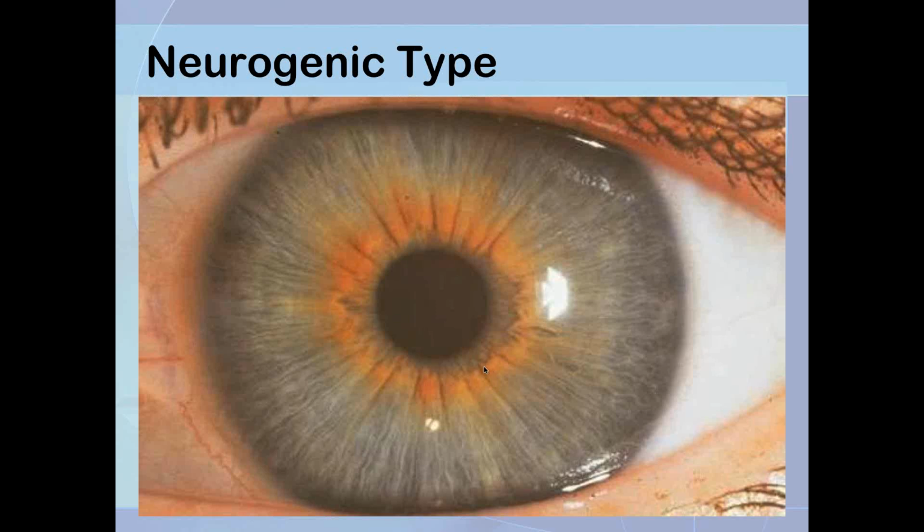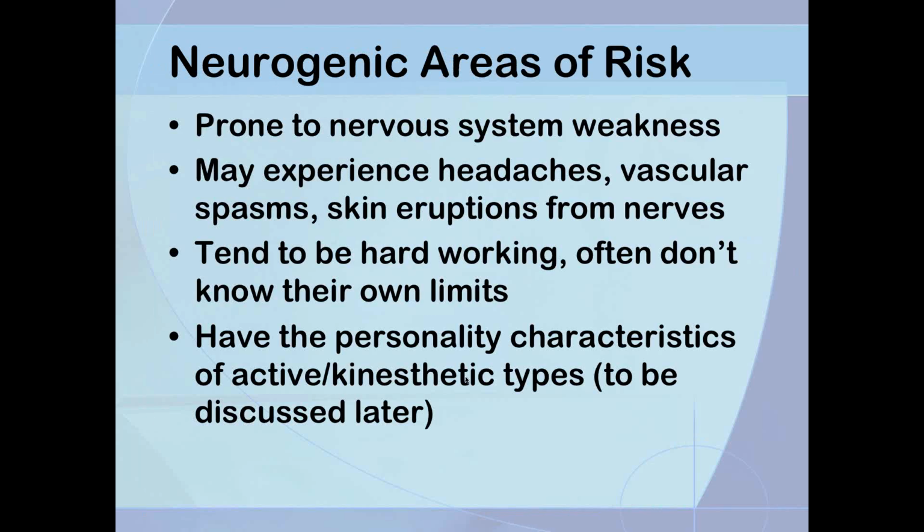Now, the neurogenic are prone to nervous system weakness. They may experience headaches, vascular spasms, skin eruptions when they get nervous. They tend to be hardworking, but they don't recognize their limits, so they will often push themselves too hard and have a mental and emotional breakdown of sorts.